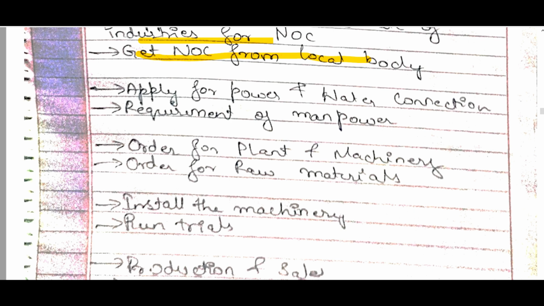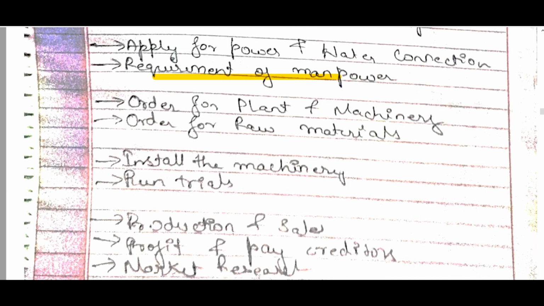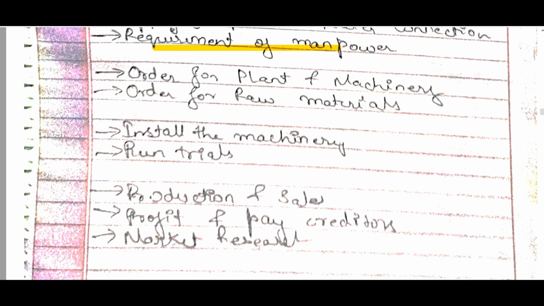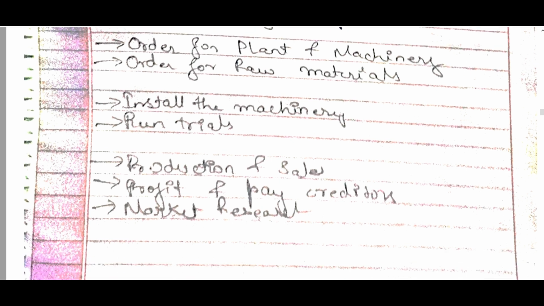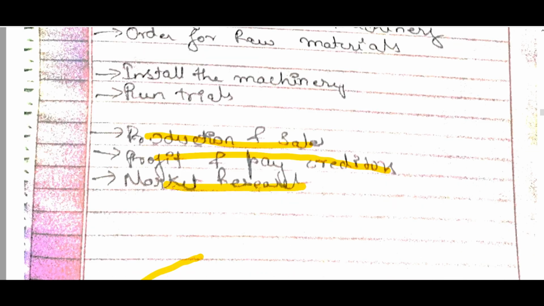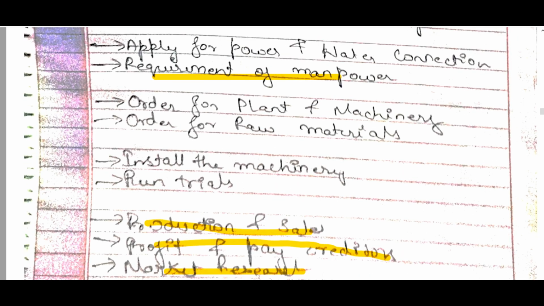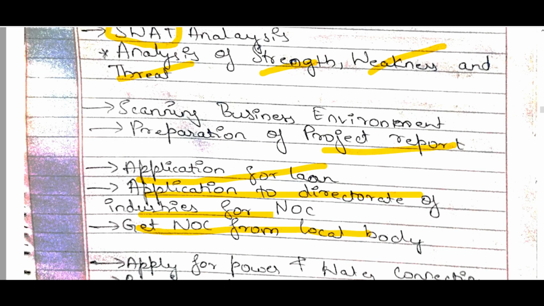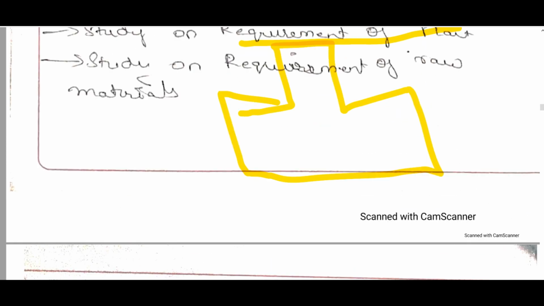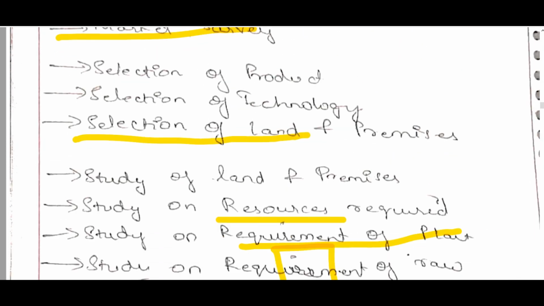Requirement of manpower, hiring staff, etc. Order for plant and machinery. Order of raw materials. Then install the machinery, run the trials, production and sales. Profit and pay creditors. Market research, etc. If you study these points the way I have divided, it will be very easy.